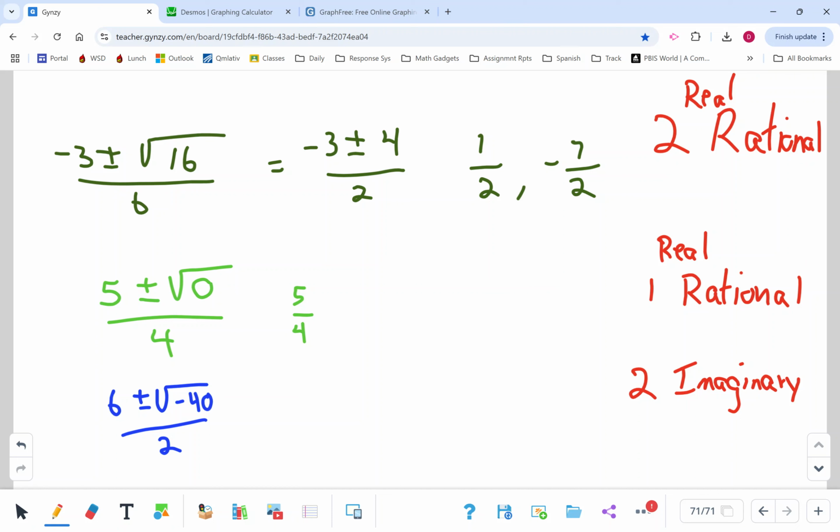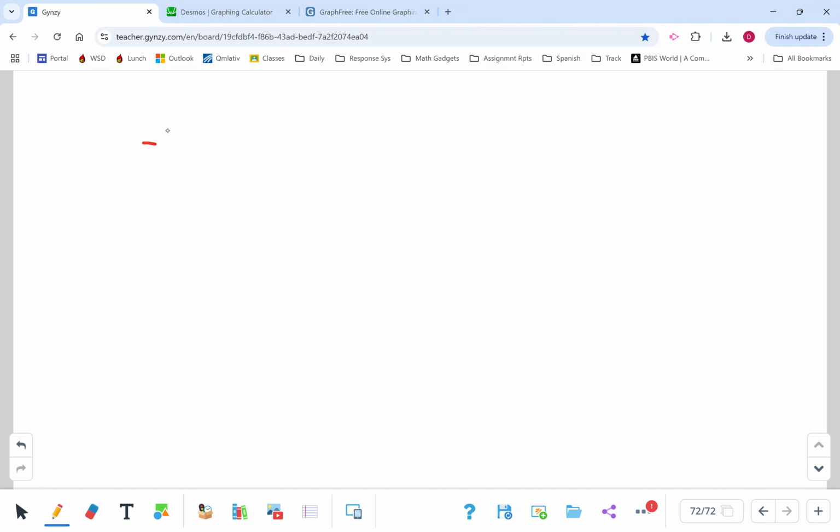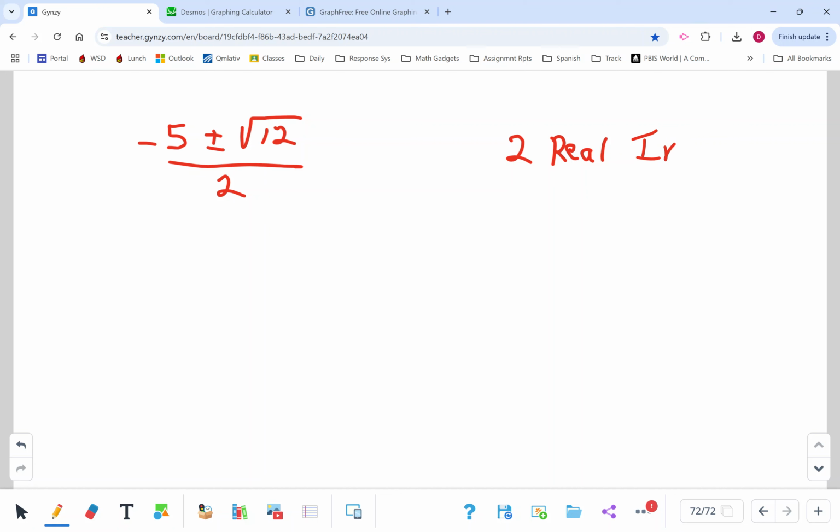Well, there's one more case you can get, and that is, what if the thing under the square root sign is positive, but it's not a nice perfect square? So let me put that over here. Suppose I'm doing one and I end up with negative 5 plus or minus the square root of 12 over 2. Well, square root 12, it's a real number. It doesn't work out to be a nice fraction, so it's not rational, but at least it's a real number. So we end up with 2 real irrational solutions.